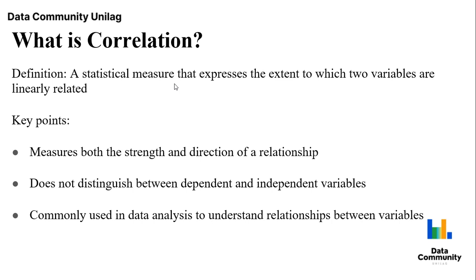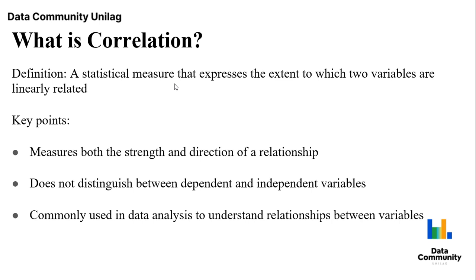It does not distinguish between dependent and independent variables. And it's commonly used in data analysis to understand the relationship between variables. It only shows you the relationship between two variables.